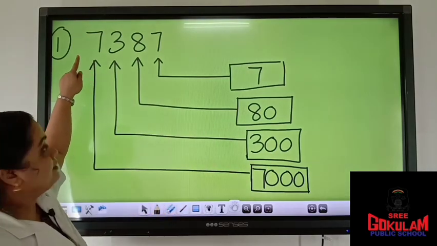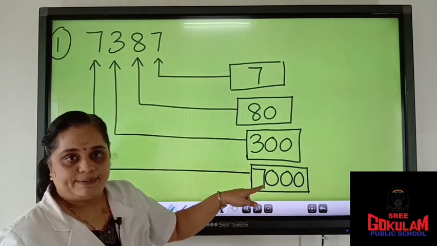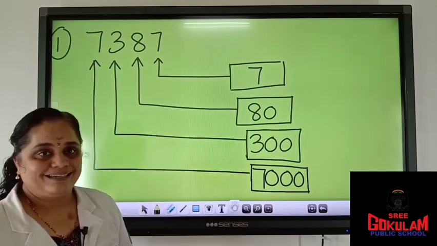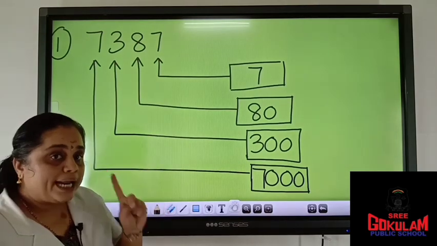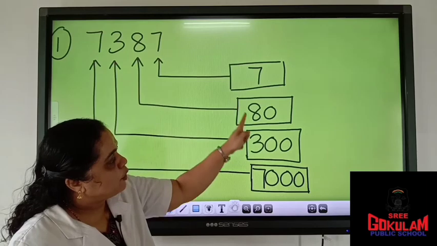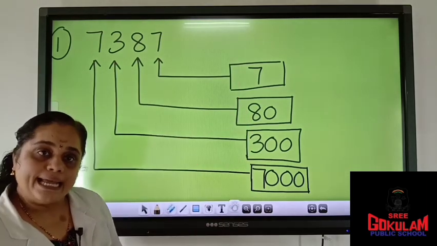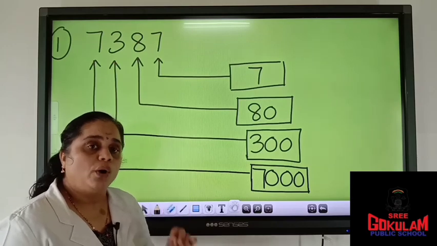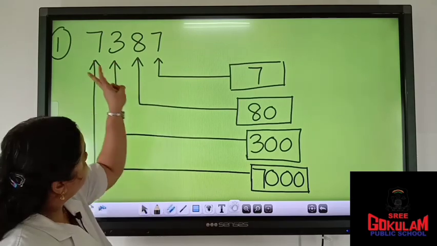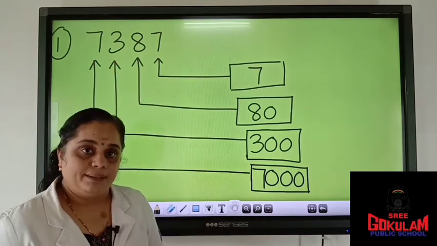And 7 in its thousands place, so 7,000. Okay children? When they ask you to write place value and they give you boxes like this, you can easily denote it by the number or the position of the digit in that particular number.